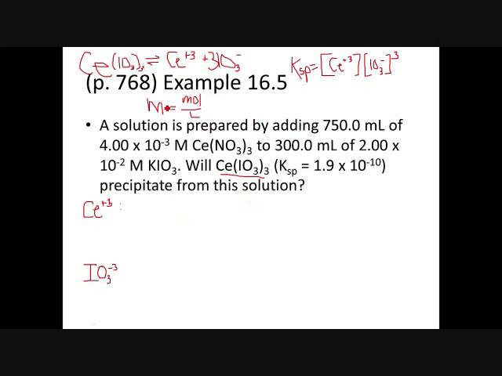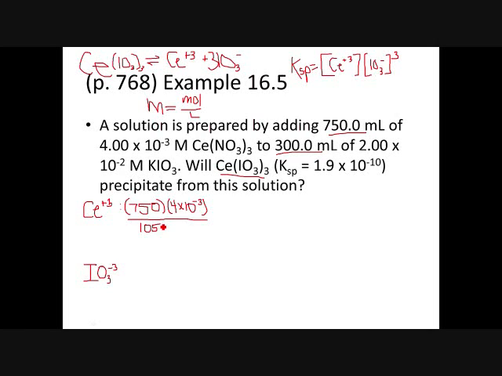So to get moles, you take molarity times liters. So for the cerium, I have to take the 750 milliliters times the 4 times 10 to the negative 3 molarity. And then that gives me moles of the ion, but then I need to divide it by total volume, which is going to be our two added together. So that would be 1,050 milliliters.